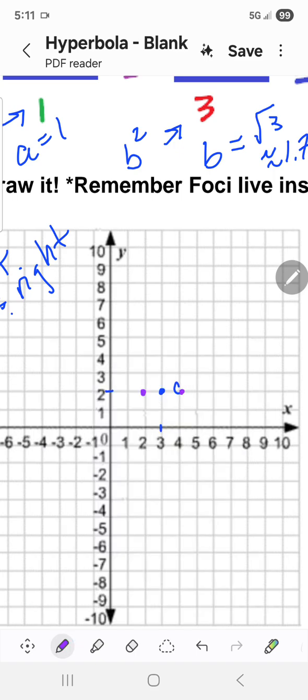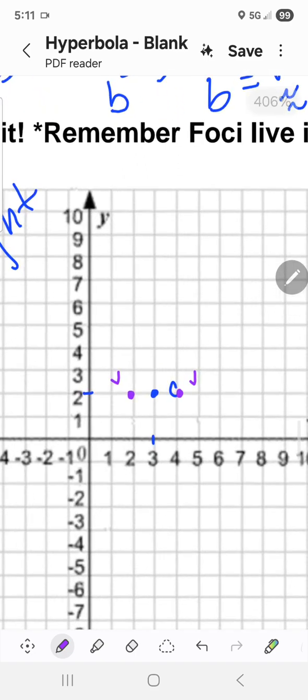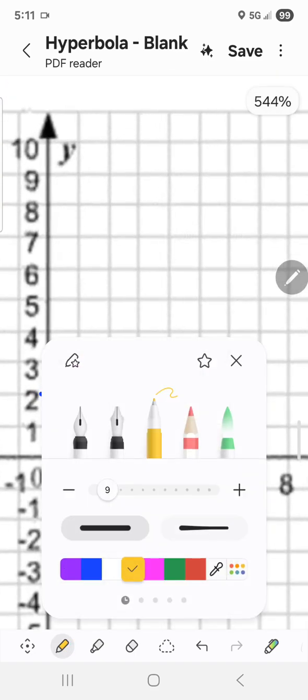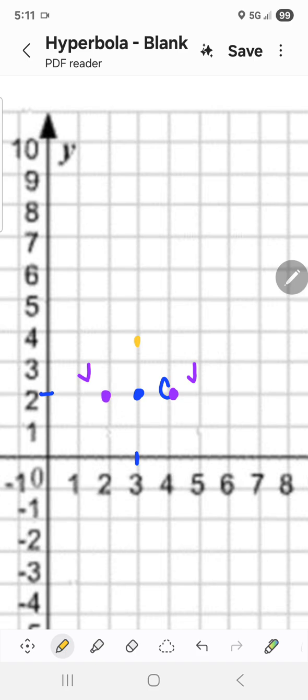So 1 unit, okay? Then I need to go on the other side, up and down 1.73 to finish the box. So here we're going to go up 1.73 and down 1.73 and make a box.